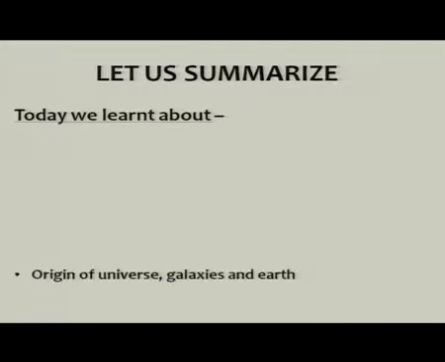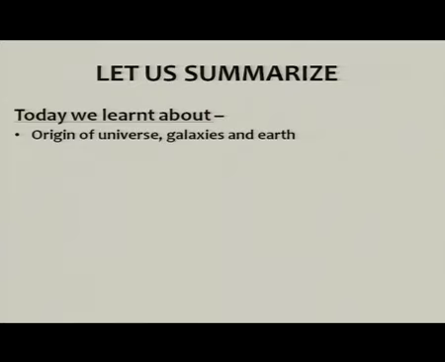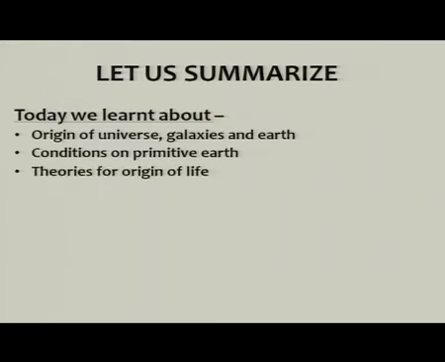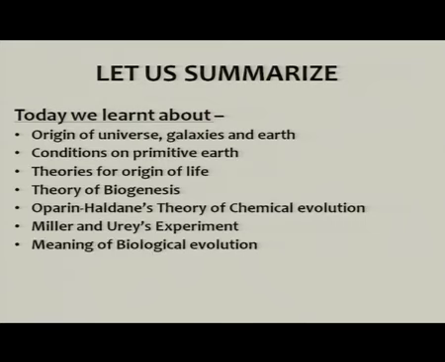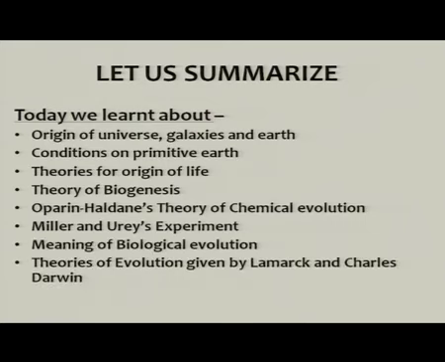So, let us summarize what we have covered till now. Today we learnt about the origin of universe, galaxies and earth, the conditions which were present on the primitive earth, theories for origin of life, how life originated in the first place, then the theory of biogenesis, Oparin and Haldane's theory of chemical evolution, Miller and Urey's experiment, the meaning of biological evolution, and theories of evolution given by Lamarck and Charles Darwin.